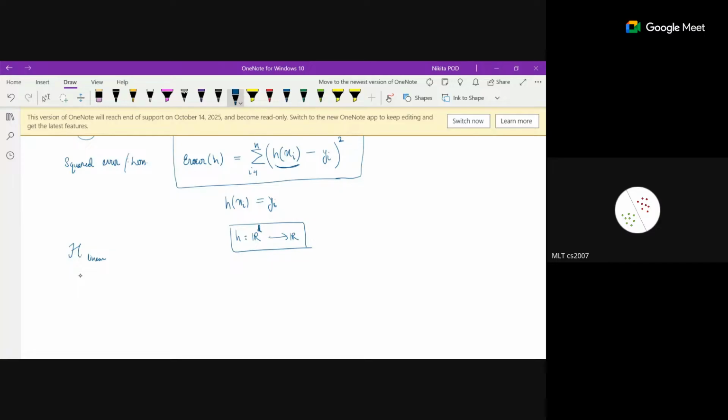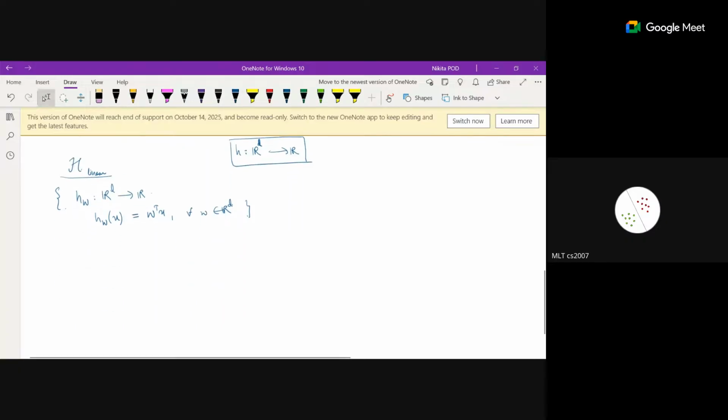Here the set of functions is h_w from R^d to R, defined in such a way that h_w of x is w transpose x for all w in R^d. Okay, so we'll restrict to this space. Alright, so now we are going to look for functions only in this linear space of functions.